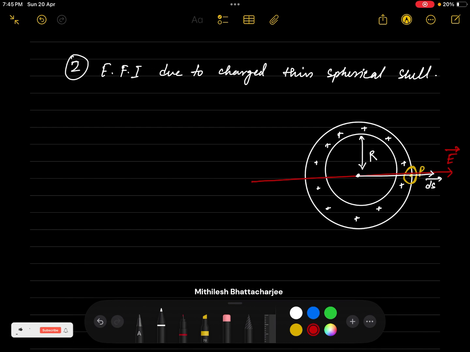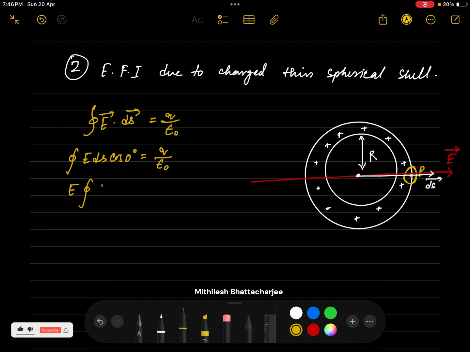As per the formula of Gauss law, the surface integration of E dot ds is equal to Q by epsilon naught. E ds cos 0 degree, since ds and E are in the same direction, equals Q by epsilon naught. So E times the surface integration of ds is Q by epsilon naught because cos 0 degree is 1.